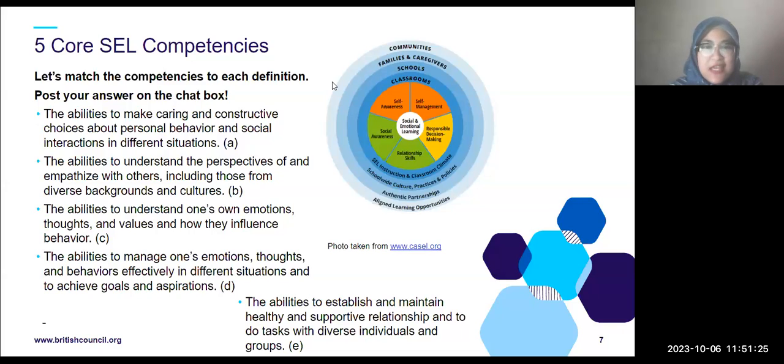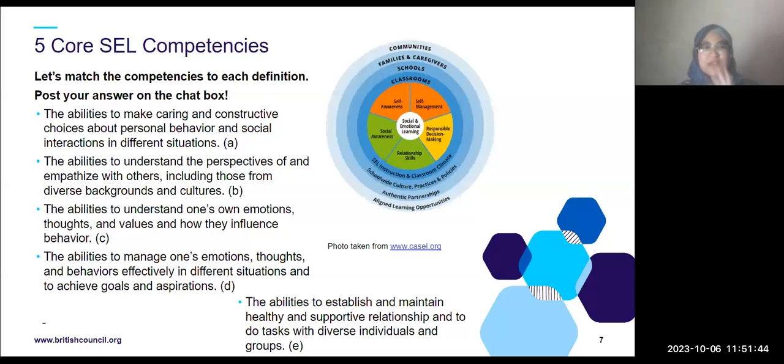Now, what about D then? What is left? This is to manage one's emotion. When you can manage your own emotion, it means that you are mentally healthy or you have emotional intelligence. What is this? Self-management.